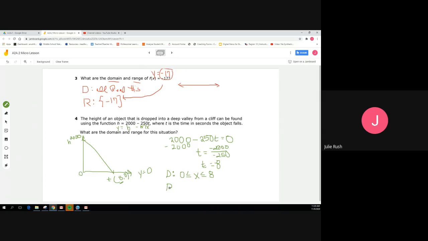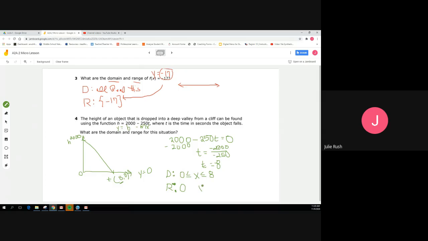And then for my range values, I need to figure out which range values match up to these specific domain values. And so when we look at 8, we know we're at 0. And when we look here, we start at 2000. So that tells me that I have a range that at the lowest is 0, right?